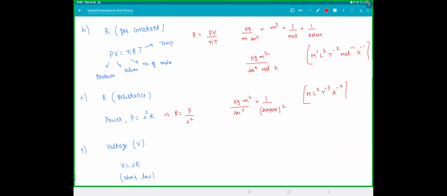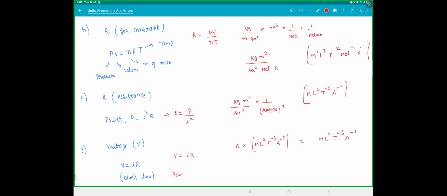Once you got the resistance, we get voltage is equal to I into R. So I is ampere. Resistance we just derived: M L square, T minus 3, A minus 2. So voltage will be M L square, T minus 3, A power minus 1. But let's say by chance you forgot V is equal to IR, there's another way to do it.